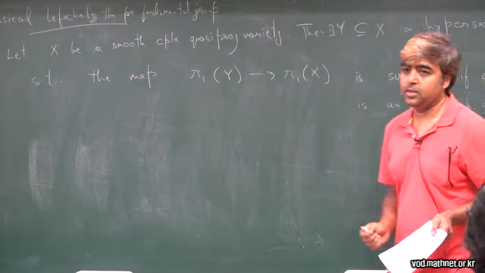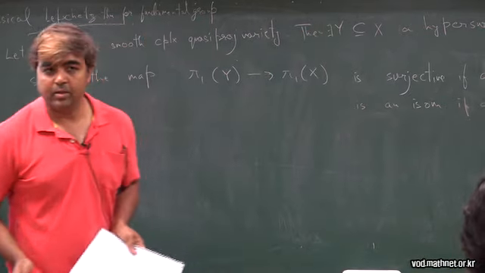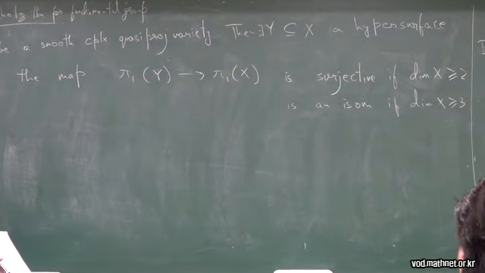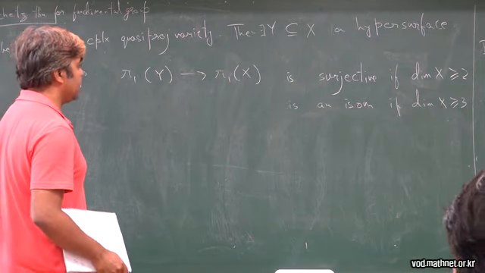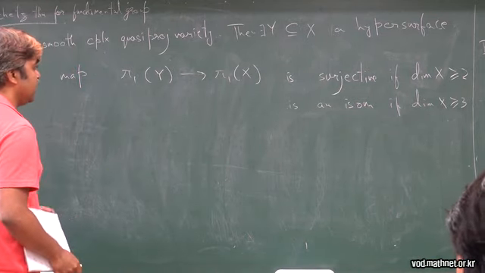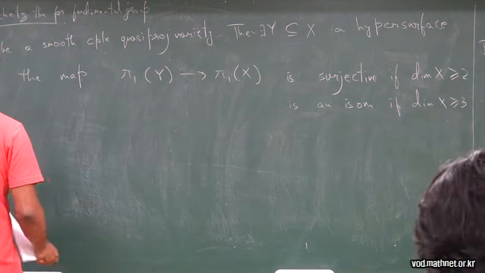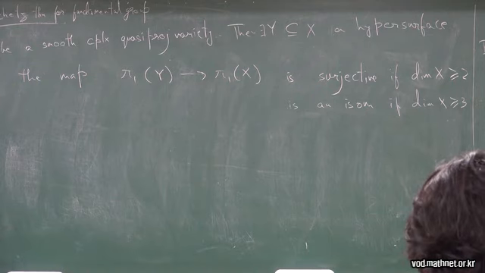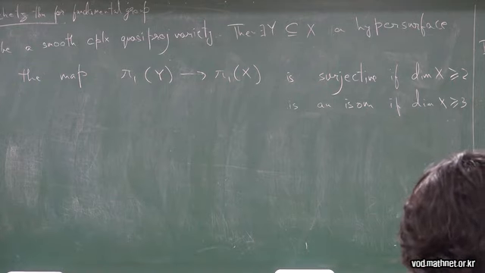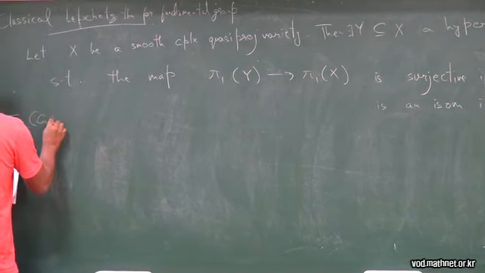Yeah, so this is the classical version of Lefschetz's theorem. This version was extended by Grothendieck in a slightly more general setup, so maybe this one should be attributed to Grothendieck.